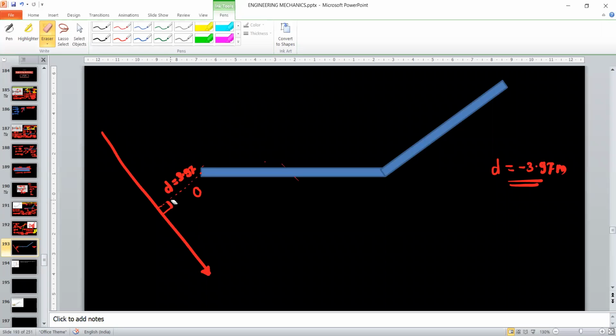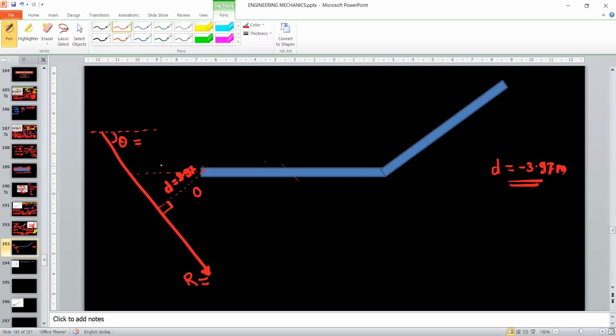Okay, so this is the correct position of the resultant with respect to point O. Okay, so this is your r value, and this is the angle theta. Okay, so I think it is 18 point something.